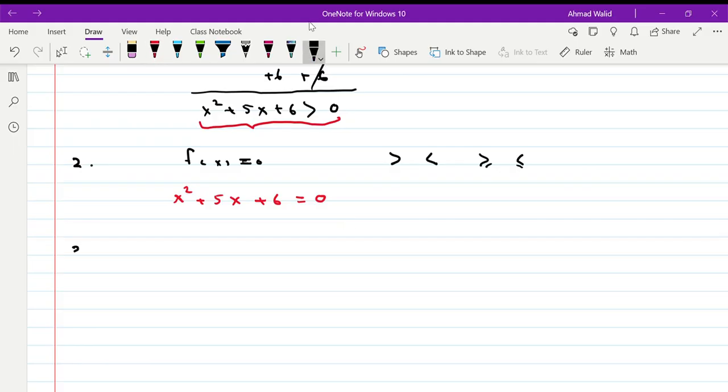Step number 3. After you change it to the equal sign, solve it. Actually, in your book, in step 2, they said make it equal to 0 and solve. I made another step.